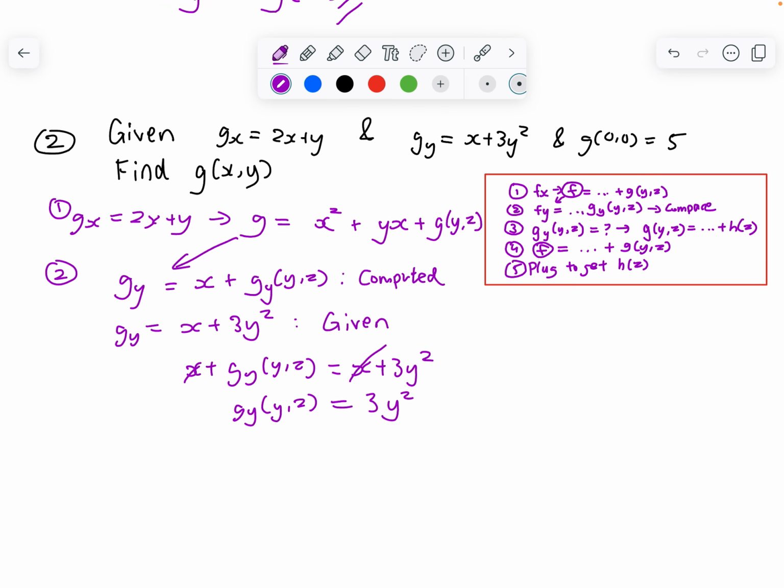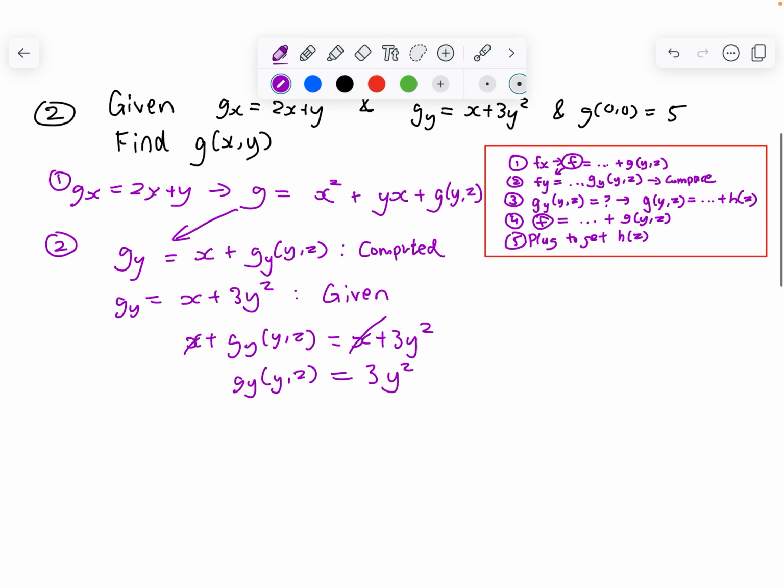And now that we've gotten what that is, our third step is to take this and go back to integrating it. We computed that gy of yz equals 3y squared. Now we want to solve for g of yz.